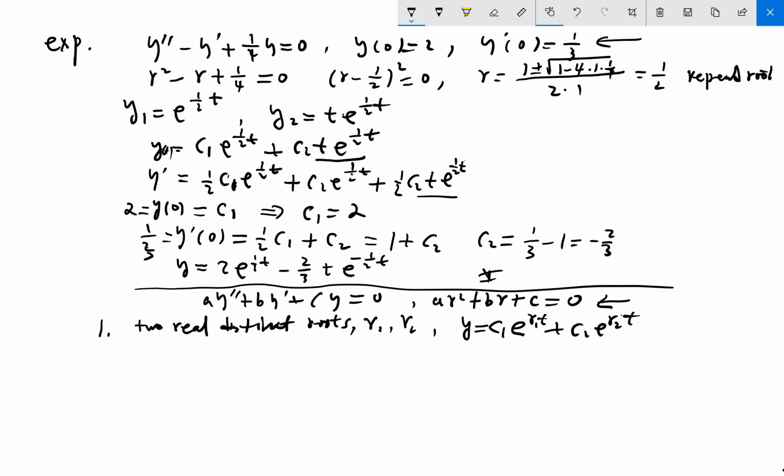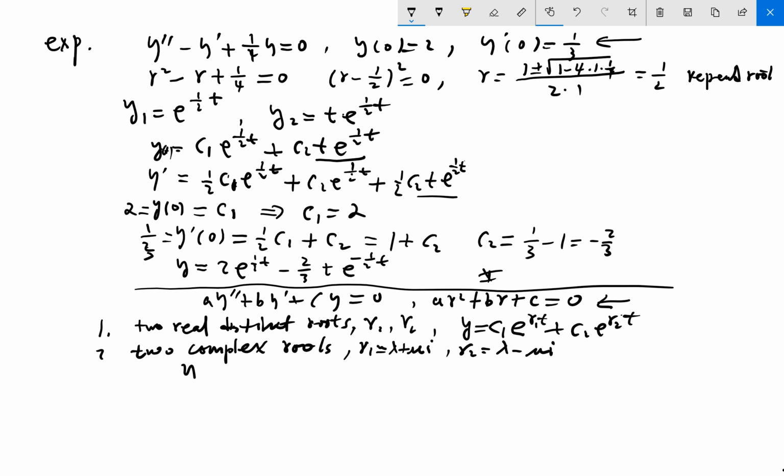Second case, you have two complex roots, of the form r1 equal to lambda plus mu i, and the second one lambda minus mu i.